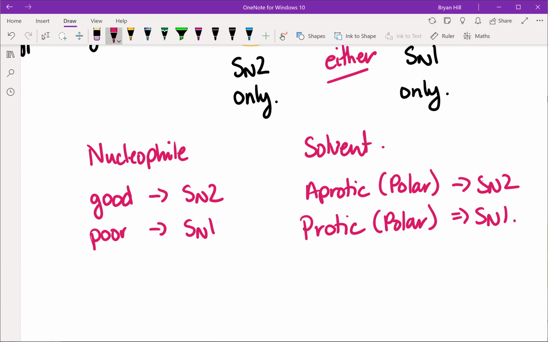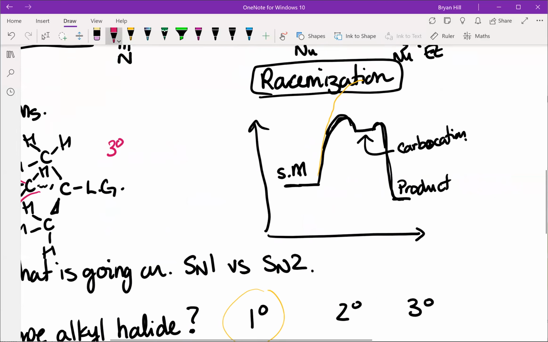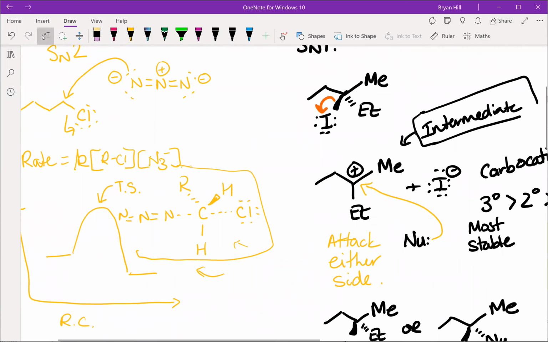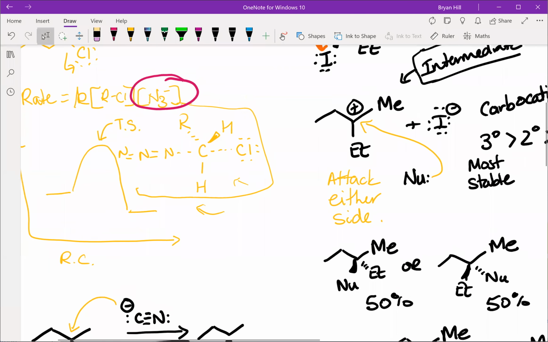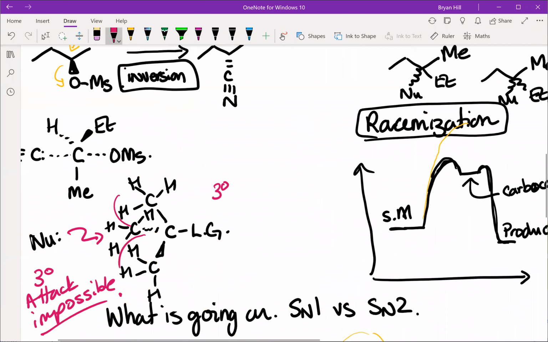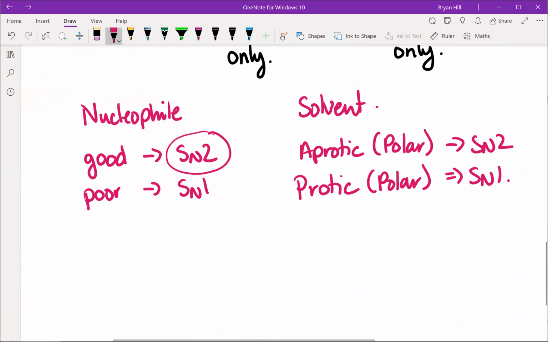The reason good nucleophiles favor SN2 is right up here in the rate equation. The nucleophile is in the rate. For the rate determining step of an SN1, the rate equals some rate constant times RX. There's no nucleophile there. So if you want to favor one over the other, you would use a good nucleophile for an SN2, and a poor nucleophile for SN1.